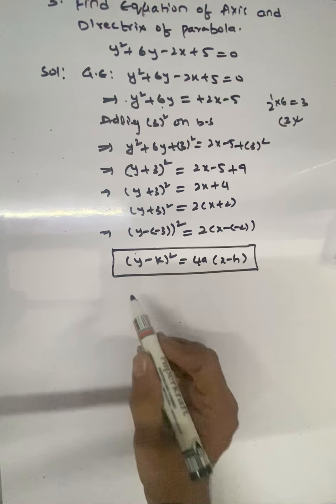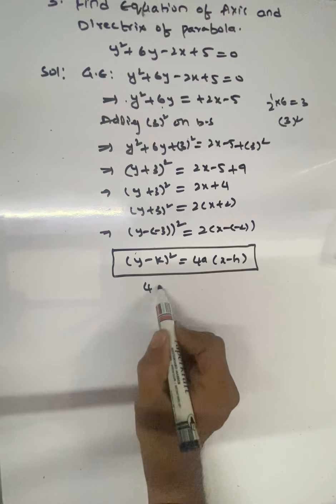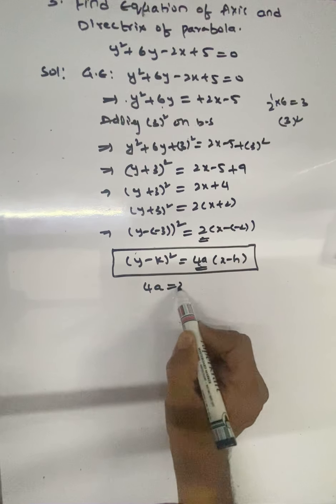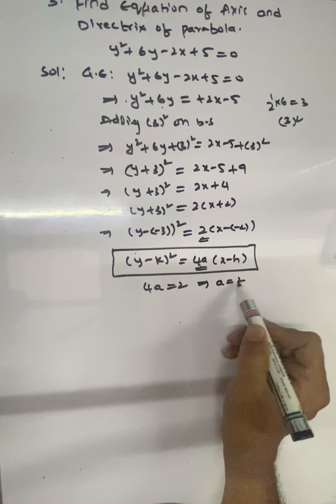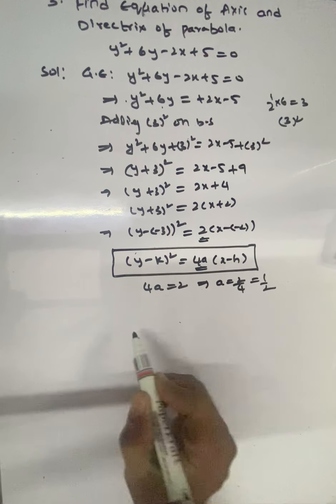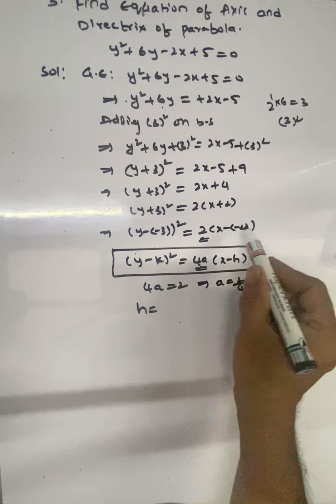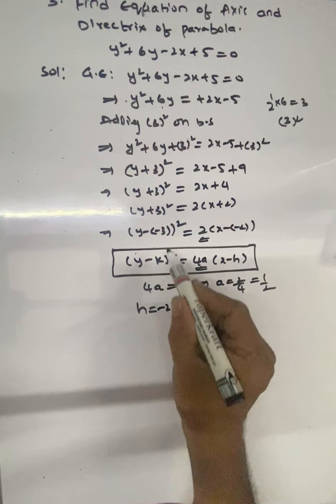So 4a is equal to the outside value, which is 2. 4a equals 2 implies a equals 2 by 4, that is 1 by 2. Then h: x minus cancelled, h is minus 2, k is minus 3.